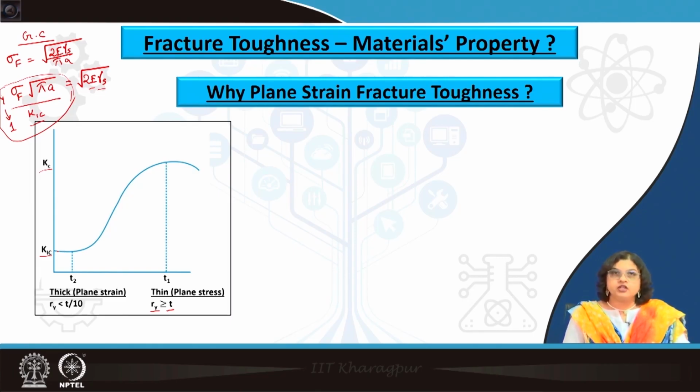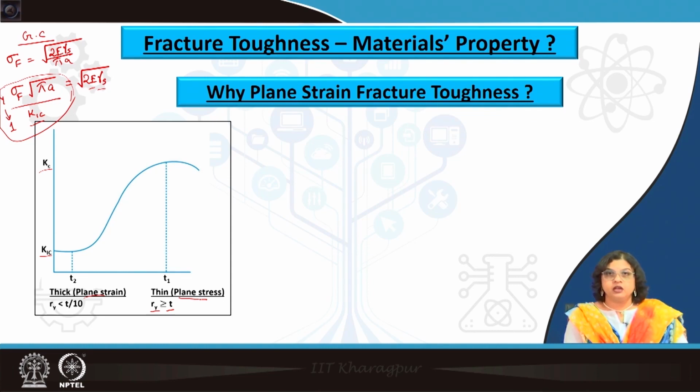Okay. Now, why do we consider plane strain fracture toughness as a materials property? What could be the reason for that? Because in both the cases, be it plane strain or plane stress, we need a certain critical value of K for fracture to initiate or to lead to the final catastrophic failure.